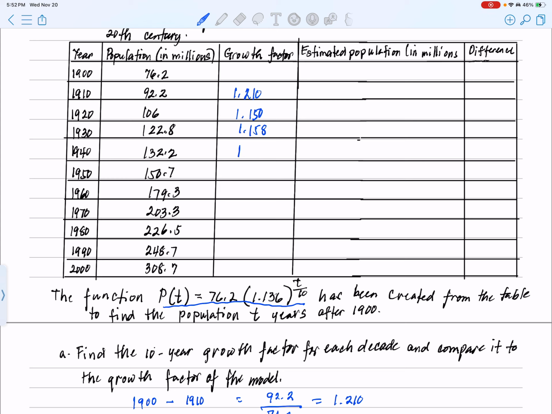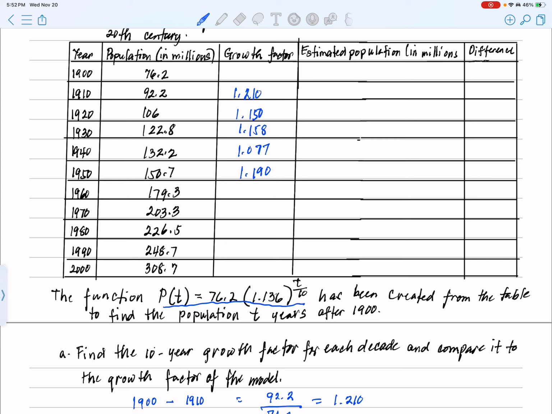1.077. Then do the same thing from 1940 to 1950. You divide 150.7 by 132.2. We come up with 1.190. Then between 1950 and 1960, we have 179.3 divided by 150.7.